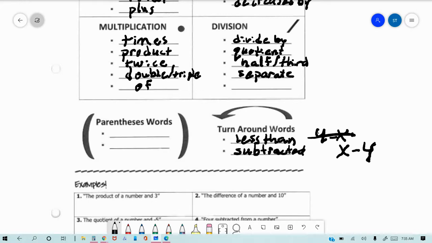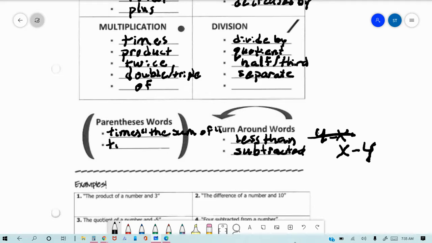Okay, and then words that you would put into a parenthesis is times the sum of. Okay, so the sum of would be in parentheses.